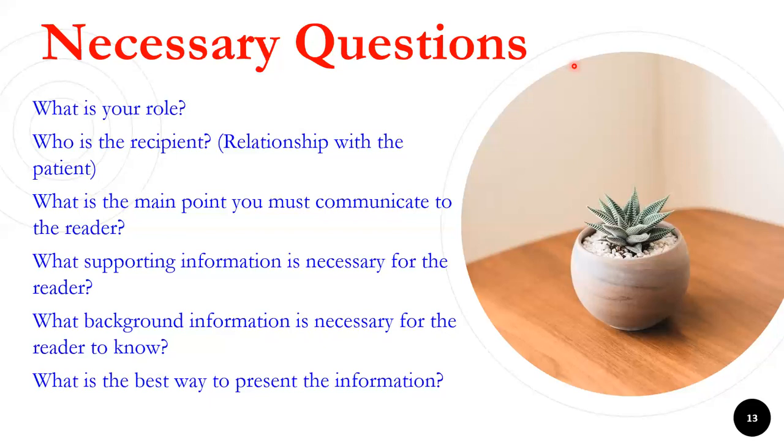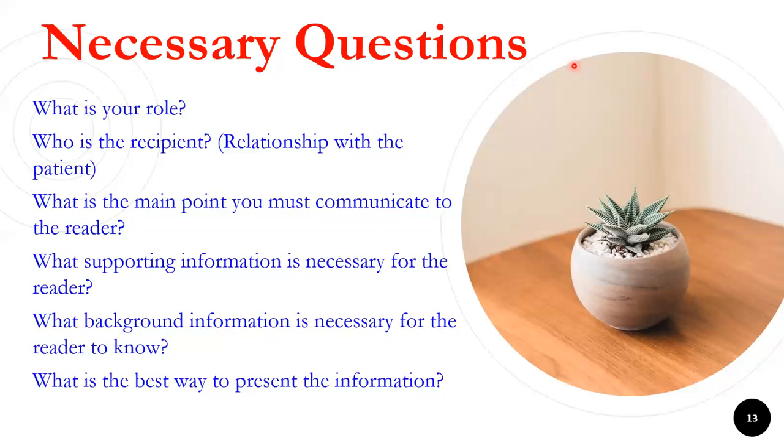And then what supporting information is necessary for the reader? What background information is necessary for the reader to know? So you're looking at the main point, the supporting information, the background information. All of this comes together to form the relevant case notes. The relevant case notes are not just the primary information the person needs.